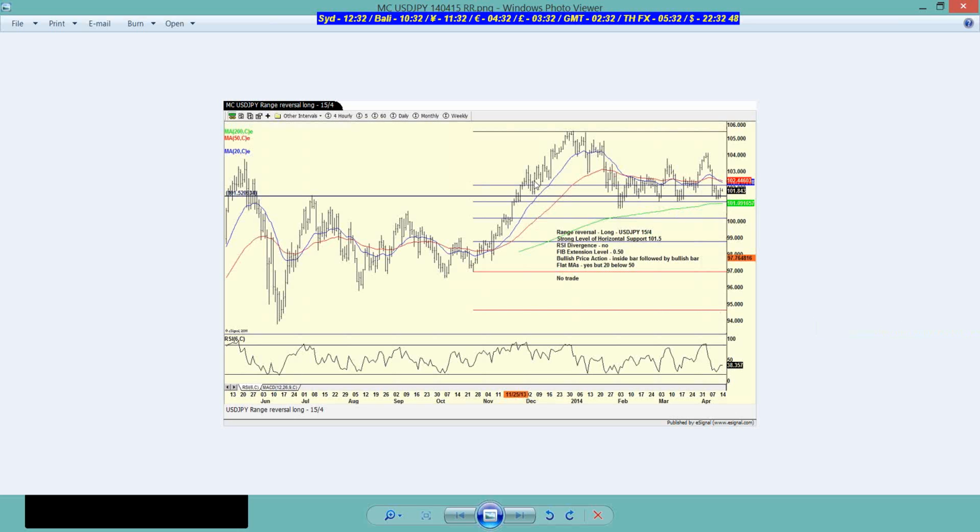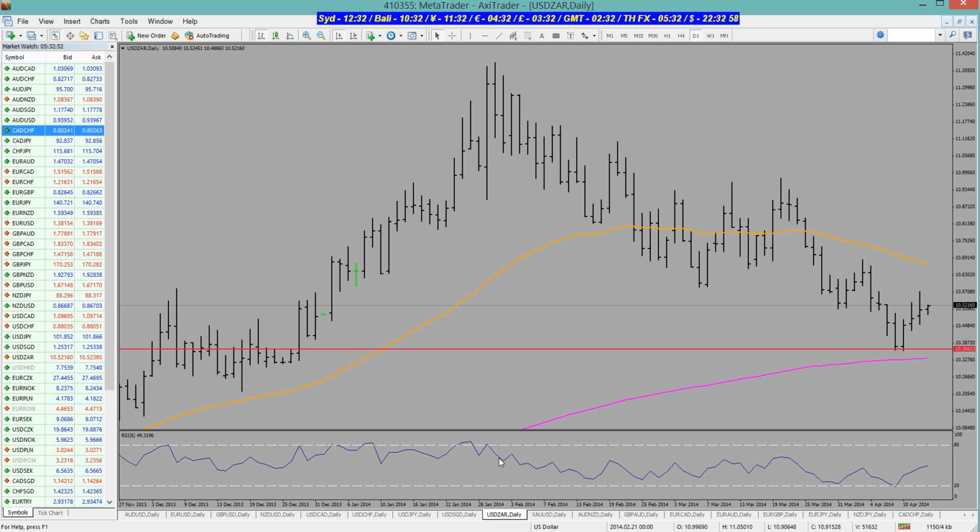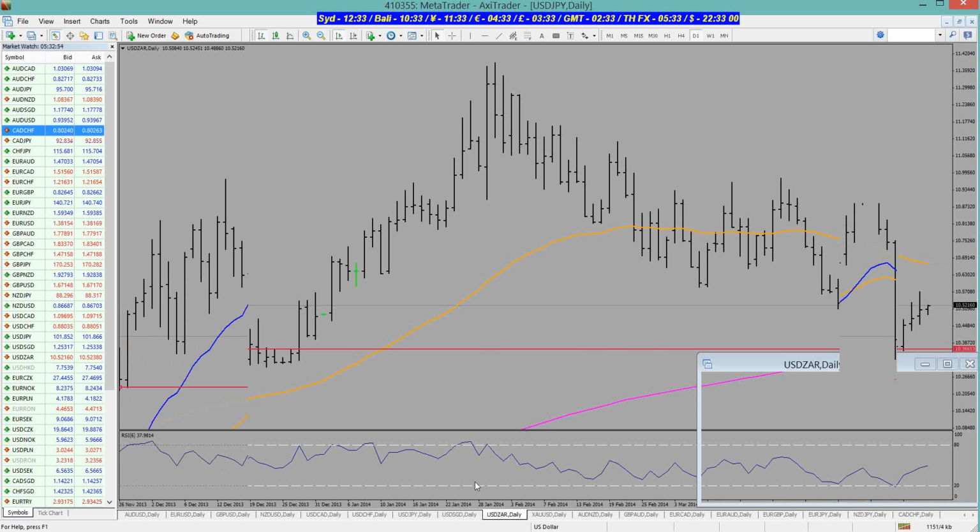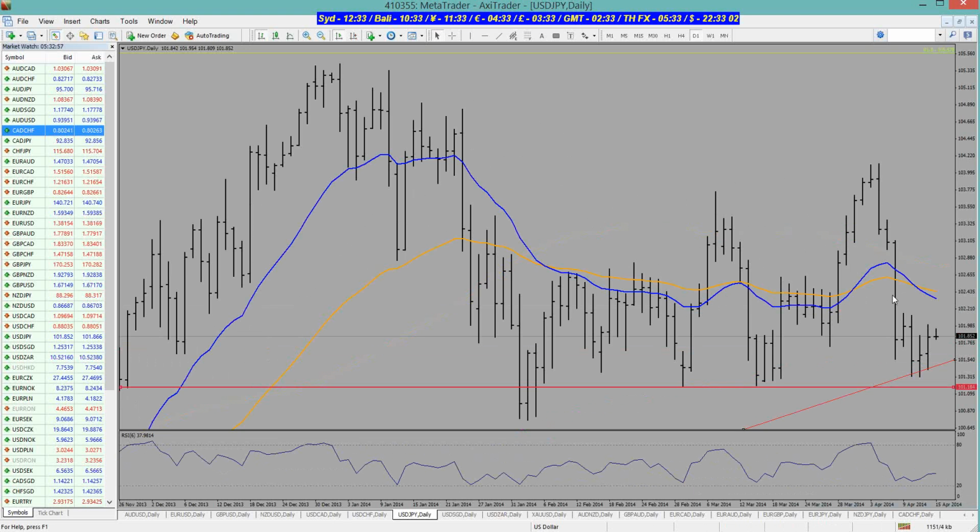I think we're trying to make higher highs. The moving averages aren't all that flat, although the 50 possibly. Fundamentally, I want to be long this. I think the yen will continue to weaken, and it should be around 120.